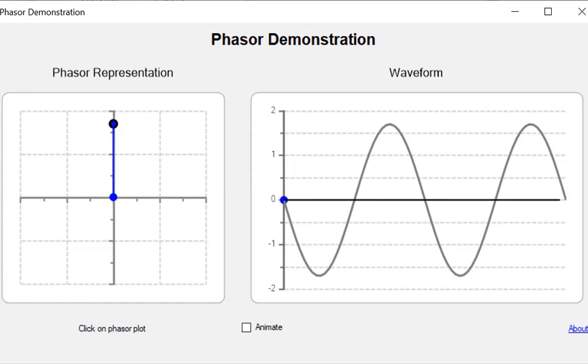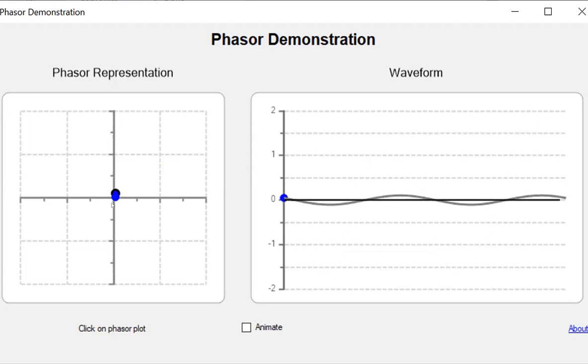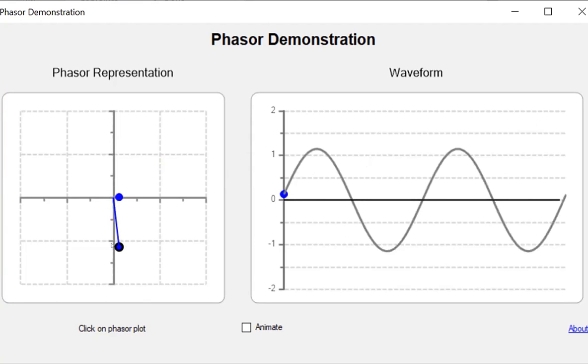Who have I not called on? Pavel, where would I place this phasor in order to get something that doesn't go down, but instead starts at 0 and goes up? At negative 1 on the y-axis. Oh, yeah.